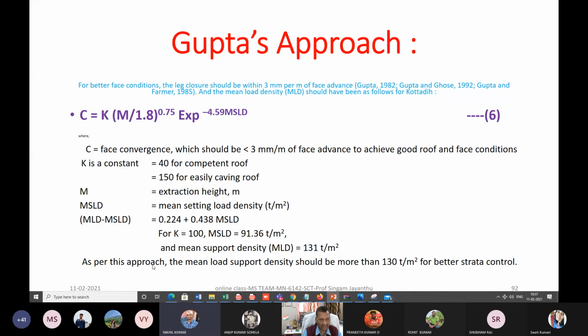As per this approach, the mean load support density should be more than 130 ton per meter square for better strata control. And 130 ton per meter square appears to be reasonable.